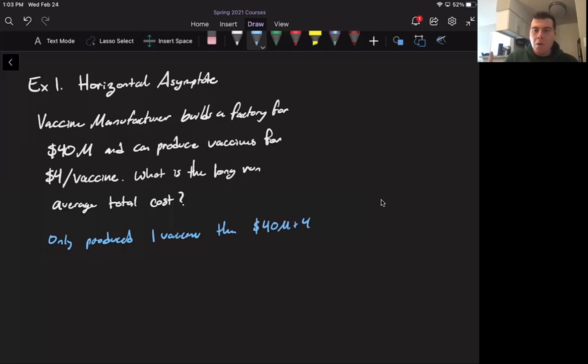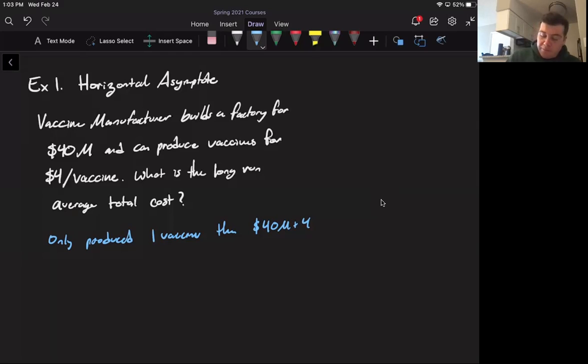And that's because that one vaccine you produce has to cover the entire cost of the factory. So being able to understand horizontal asymptotes and how producing a lot of these vaccines will help us understand how vaccine manufacturers might want to price their product.